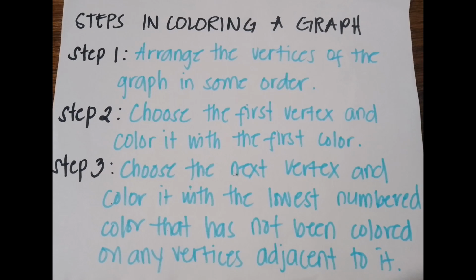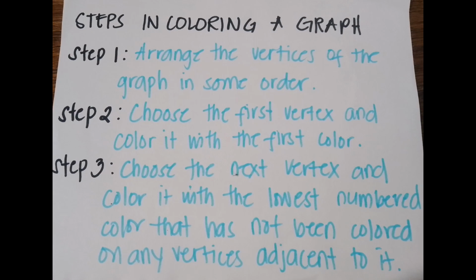Unlike a simple graph, where we can easily identify how many colors we will use, complicated ones are harder. So there are steps to make coloring the vertices easier. Step 1: arrange the vertices of the graph in some order. We use this for complicated graphs.